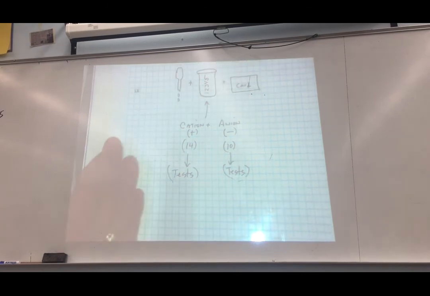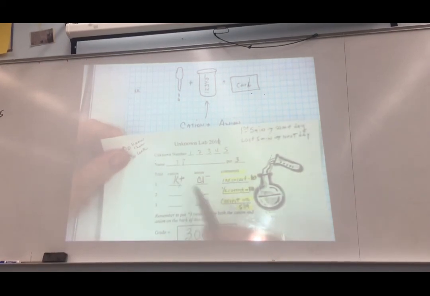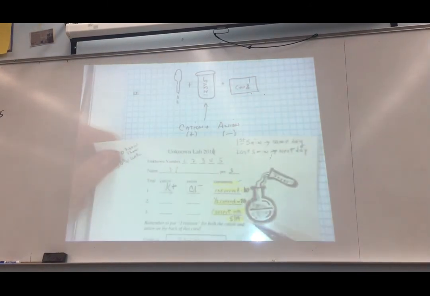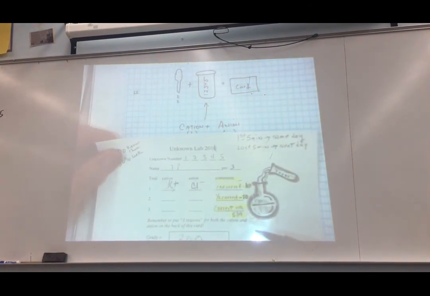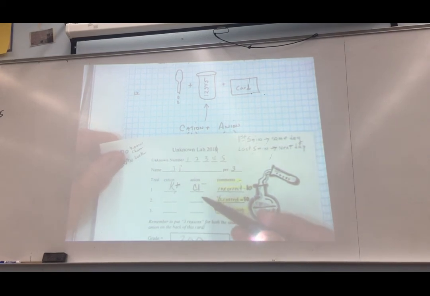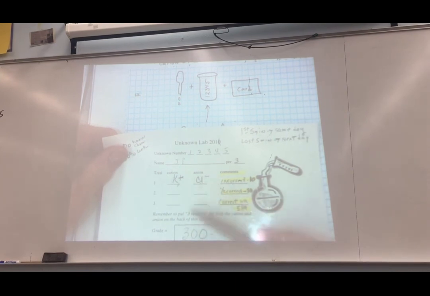And you can't guess on half. You have to have the whole thing filled in. In other words, once you think you've got your cation, you can't turn your card in just to see if your cation's right. Then you go on and try your anion. When you think you have them both, then you can turn it in.